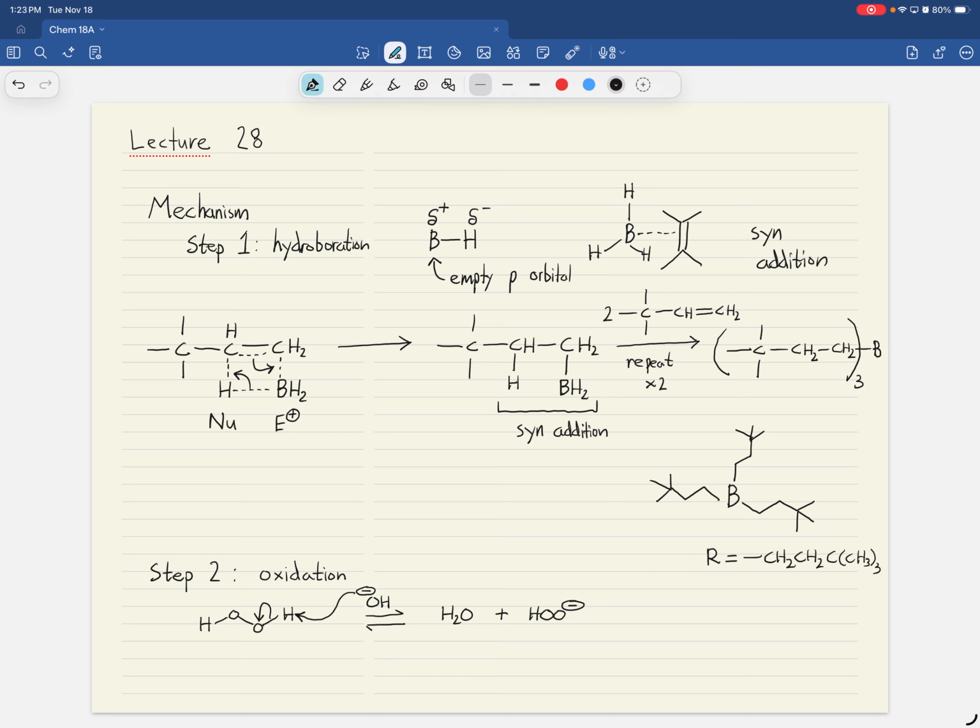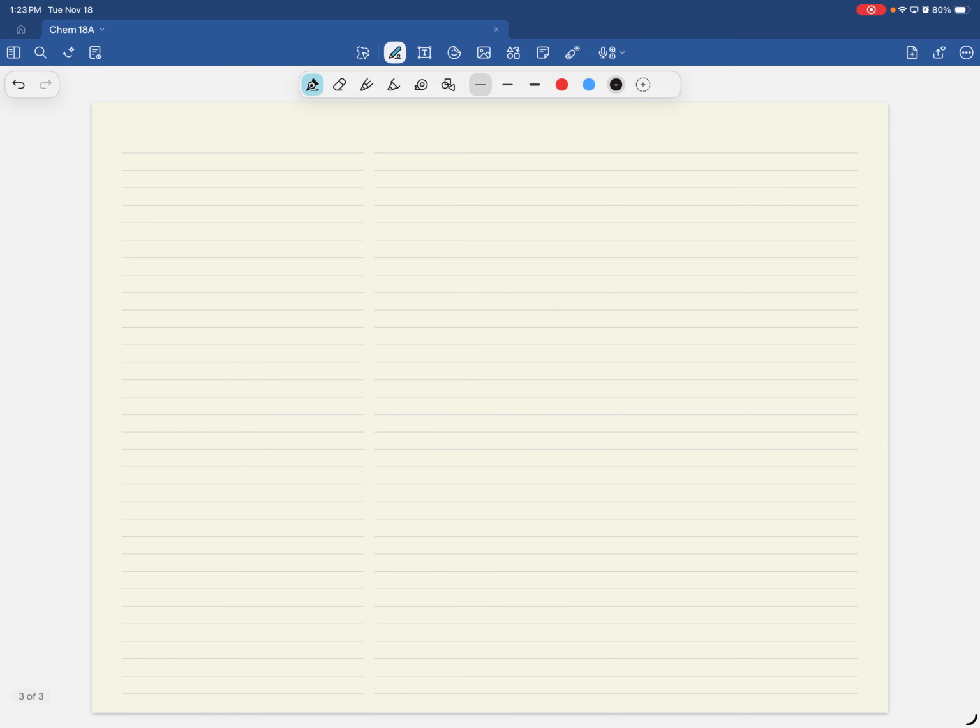So now we're going to use this OOH minus to attack our boron reagent. All right, so I'm going to just draw out all the borons, all the alkyl groups, just so it's clear to see how it happens. So I'm going to create a new page now. So let's swipe this over. Okay. So the second step, let's redraw our boron reagent. So this might take a while. Let's just draw it. 1, 2.